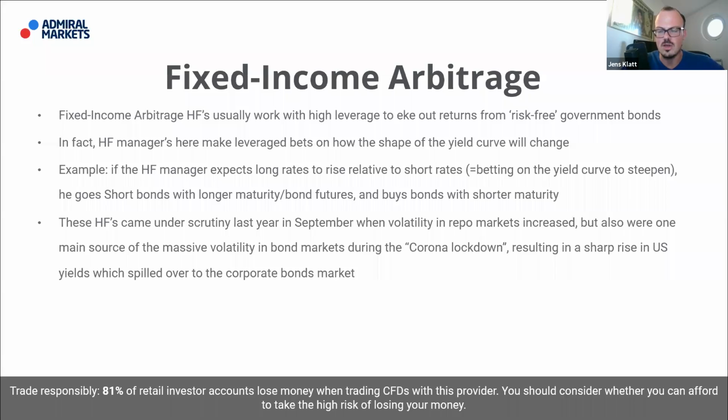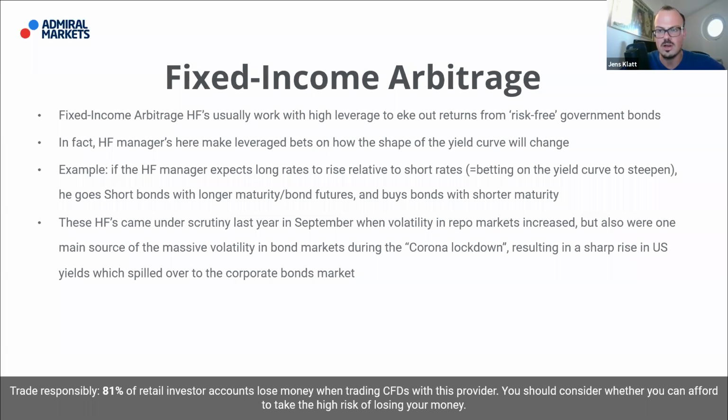So you can see here, once you look behind the scenes and understand how these fixed income arbitrage trades work, they usually work wonderfully in an environment where there is no elevated volatility. But once volatility picks up and these spreads widen to an extent which becomes not natural anymore, or too wide, it can cause spillover effects on, for example, the corporate world, and then result in massive spikes in yields and elevated volatility.